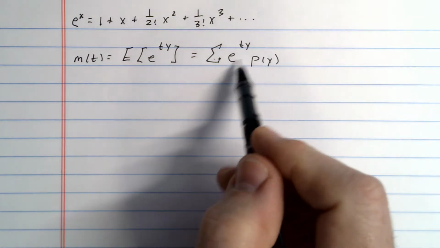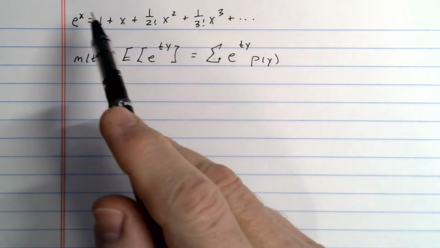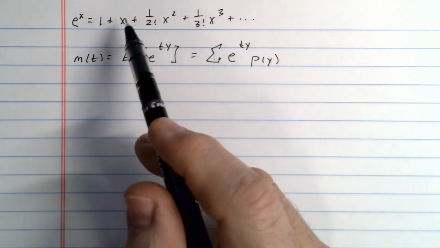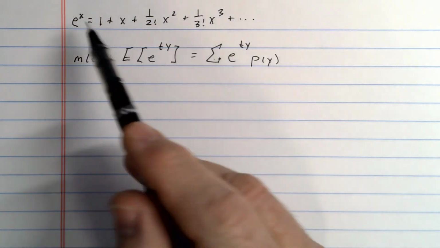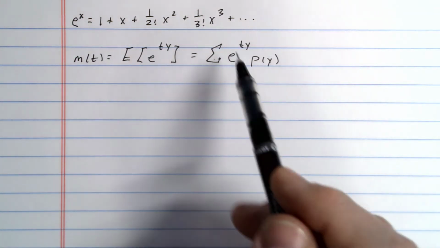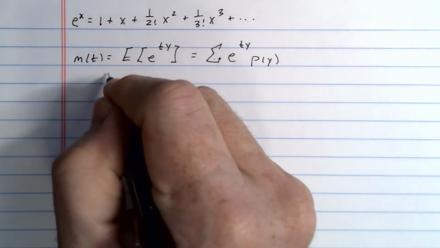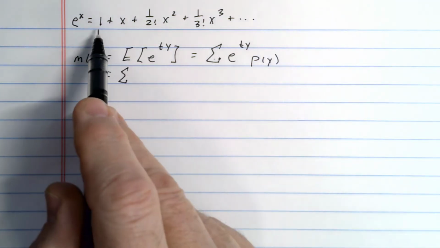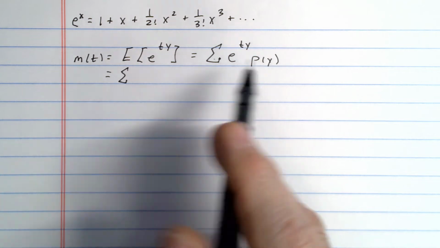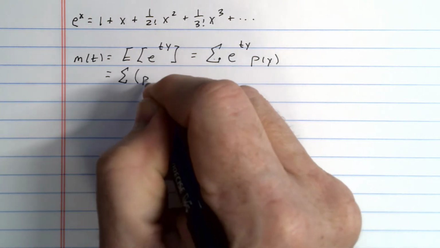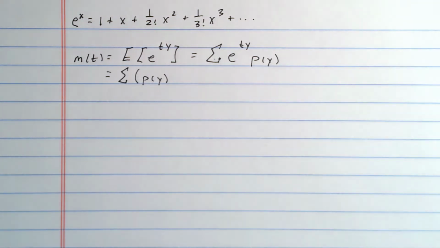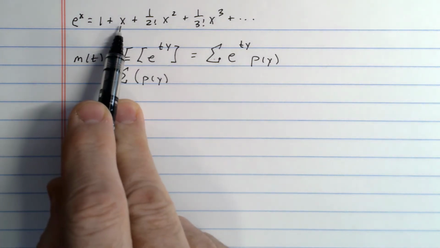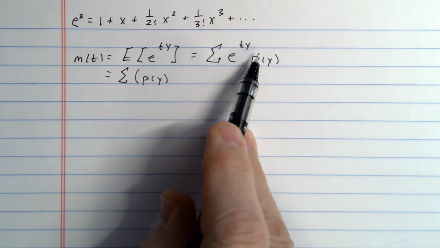But now let's think about expanding e to the ty using the Maclaurin expansion here. In this case, ty would take the place of the x, and remember that everything up here would then be multiplied by p of y. So this would be the summation of, let's see, we would first get 1, that's multiplied by p of y, so that would just give us a p of y. Then this would be ty, also multiplied by p of y.